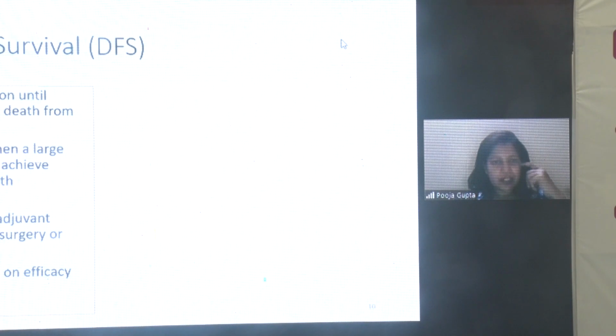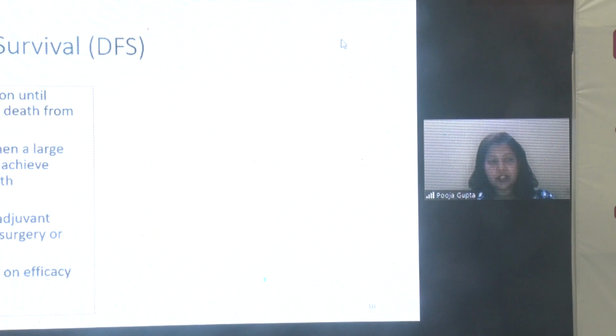Then you have disease-free survival, wherein time from randomization until recurrence of tumor or death from any cause is taken as disease-free survival. It is most frequently studied in adjuvant settings, wherein definitive surgery or radiotherapy has been done, and now cancer chemotherapy is being studied.